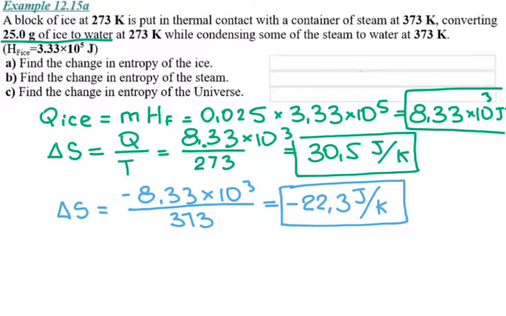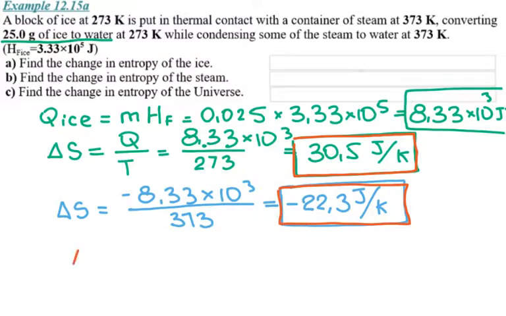So when steam turns into water, its entropy decreases, because entropy increases with disorder, and steam is more disordered than water. So the entropy decreased by 22.3 joules per Kelvin. But at the same time, the ice's entropy increased, and the steam's entropy decreased.